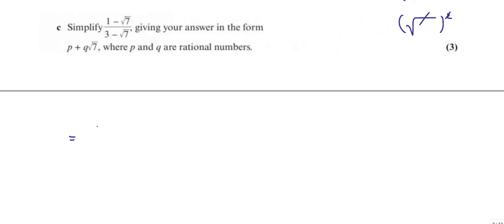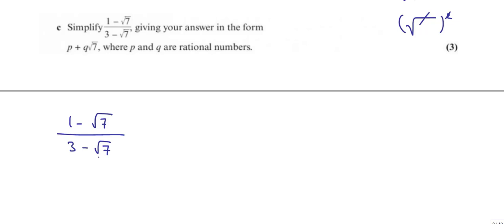Pay attention please to what I'm going to say. This is called rational. Why rational? We have a quotient with a radical on top and a radical down, a square root. In mathematics we don't like to have a radical down.